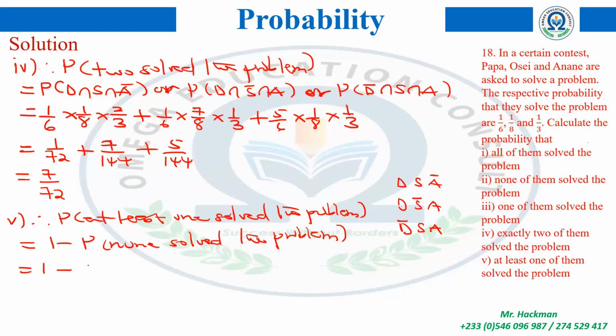And II gave us what? 35 on 72. Go and check whether I'm right. I think so. So now this will be equal to 37 over 72. So this will be it for the solution to this assignment. Is my point well made?